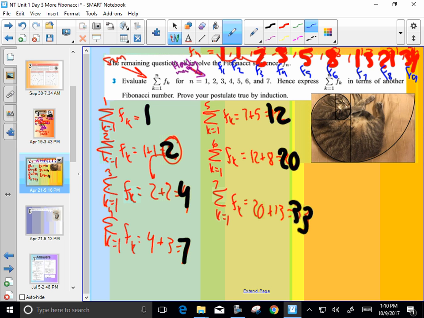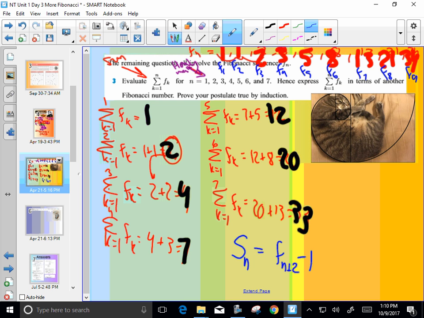So the point of this is for you to get this nice little formula, which is going to be the sum formula: f of n plus 2, what? Minus 1. Good. There's the formula. And that's what you're supposed to do.